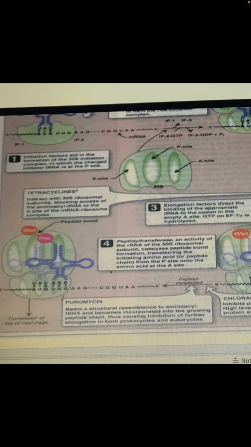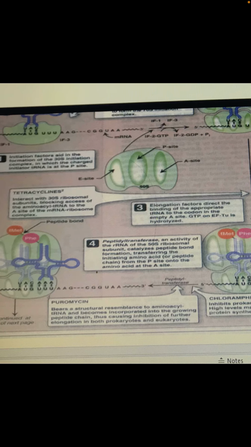Tetracyclines interact with the 30S ribosomal subunit, blocking access to the A site. So we have done tetracyclines, and now we are moving towards puromycin.